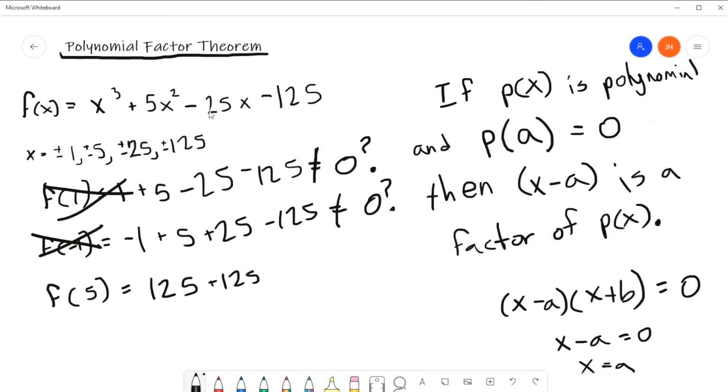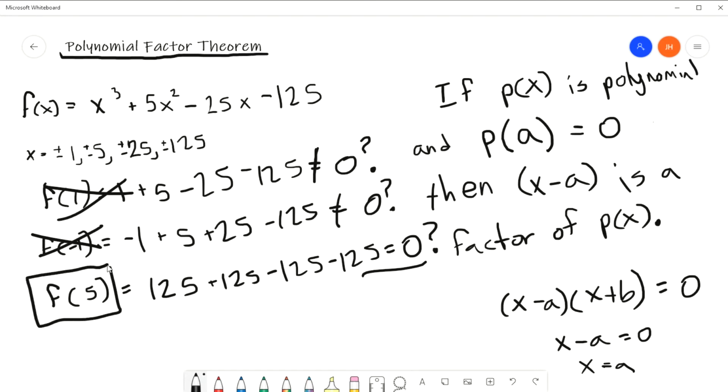Minus 25 times 5, 25 times 5, we just said, was 125. And minus 125. Does this equal 0? It does, right? 125 minus 125 will actually equal 0. So I know, therefore, that this is a solution.